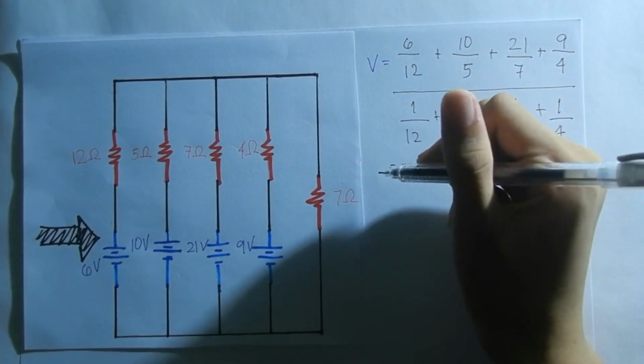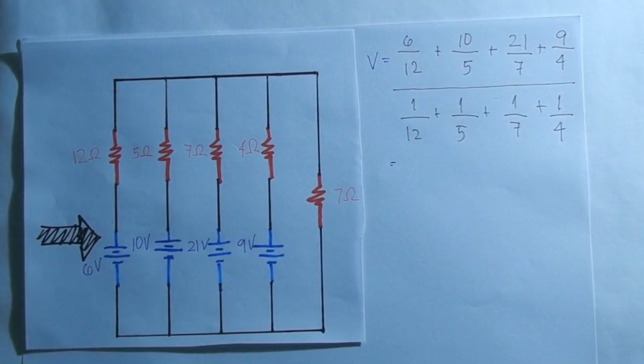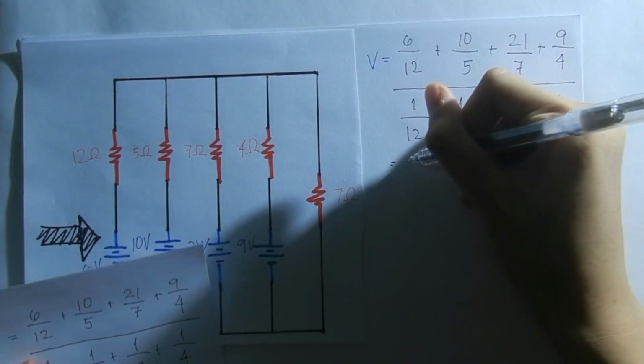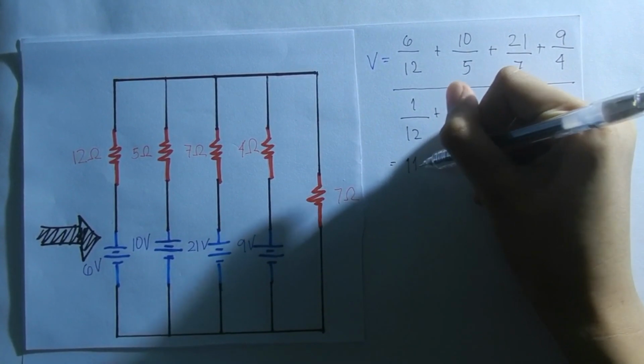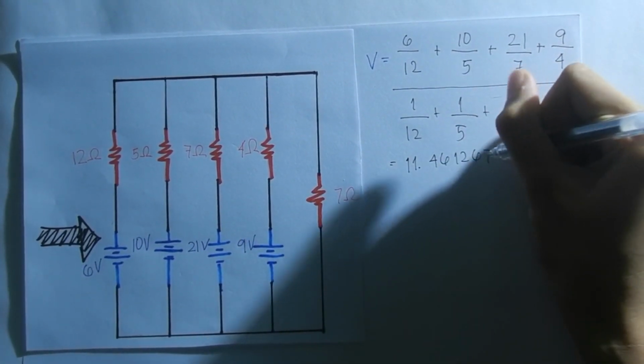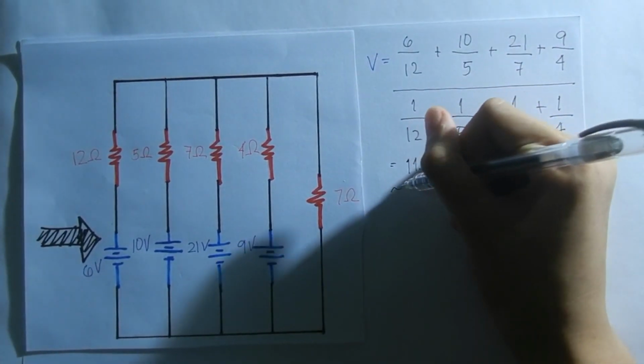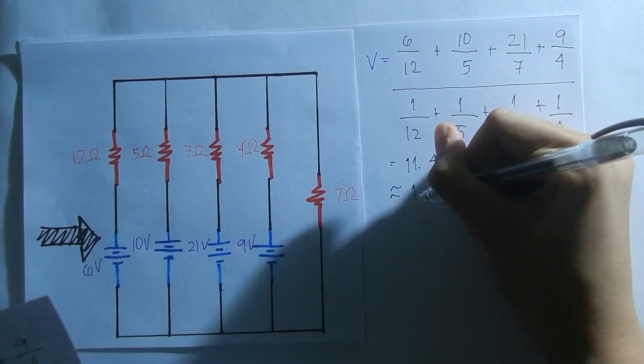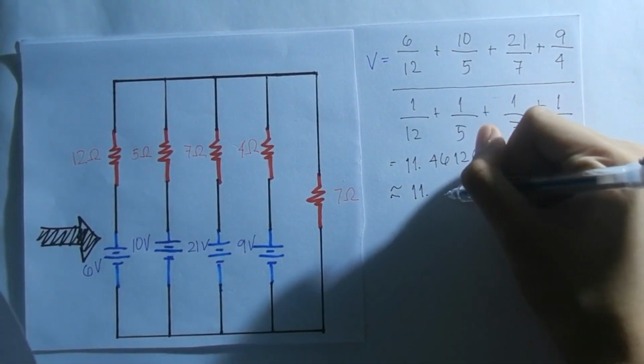And then we will get 11.4612671. Let's round off to two decimal places.